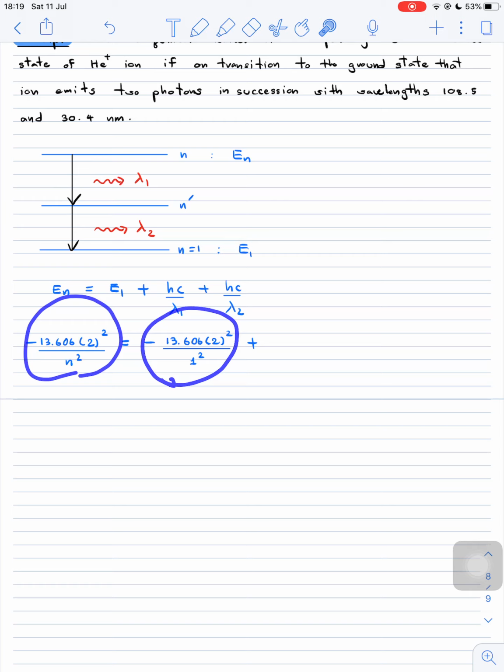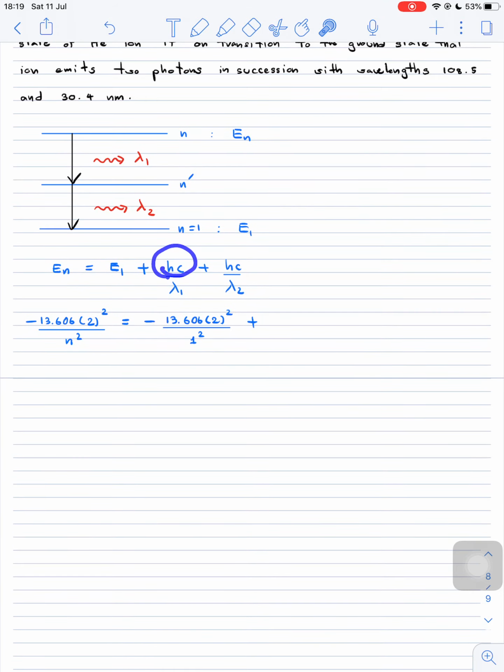Okay, so now this value and this value are in units of electron volts. So I want to use hc in units of electron volts as well.